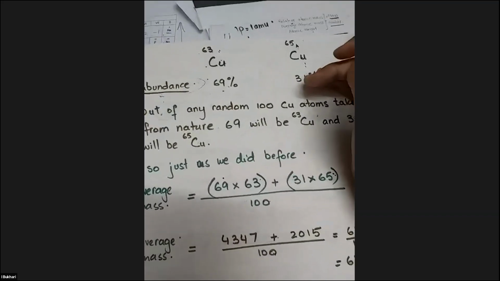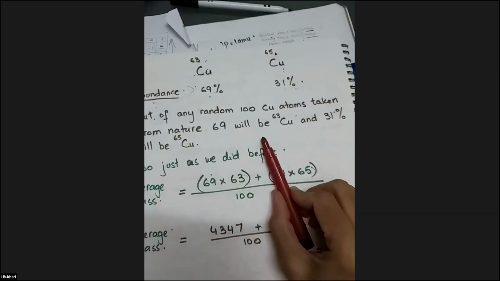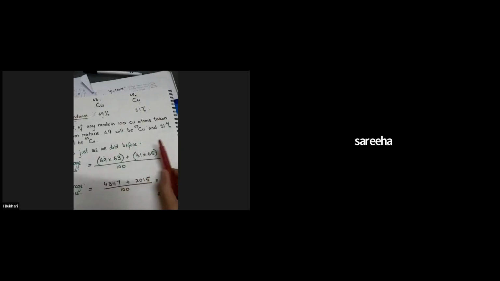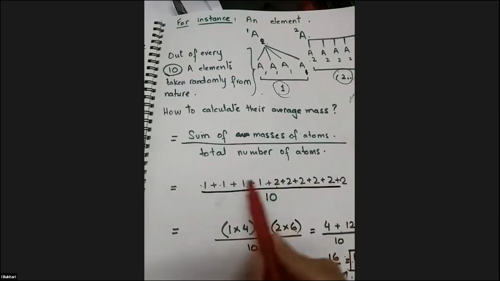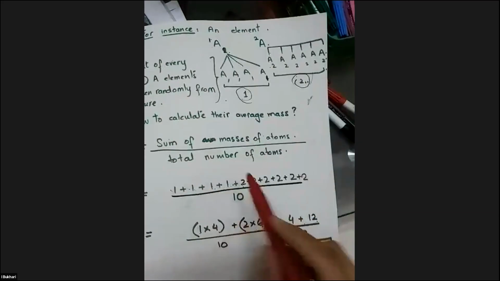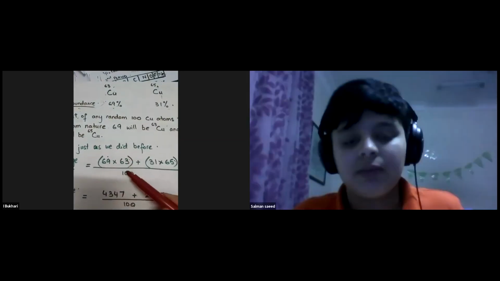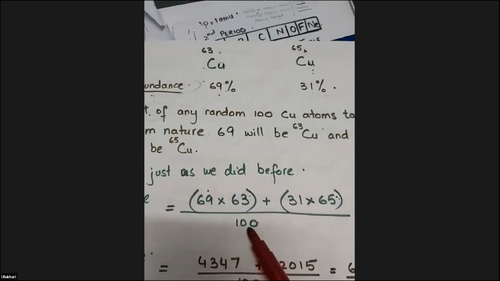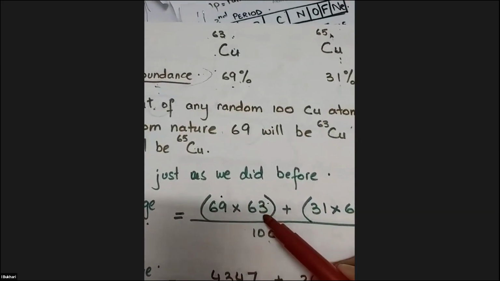So that means I add 63, 69 times, and I add 65, 31 times, just the same way as I did here. I multiply the atomic mass by the number of atoms that were there in my sample. When they say 69%, that means out of 100, 69 have a mass of 63.